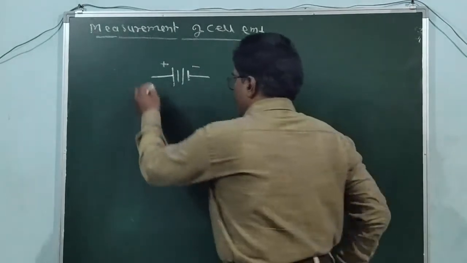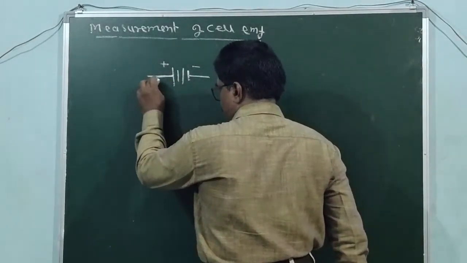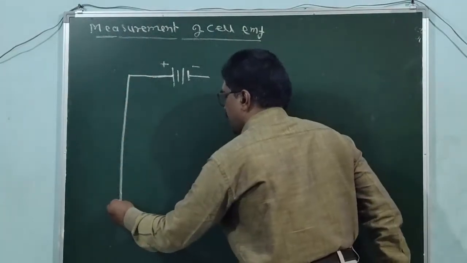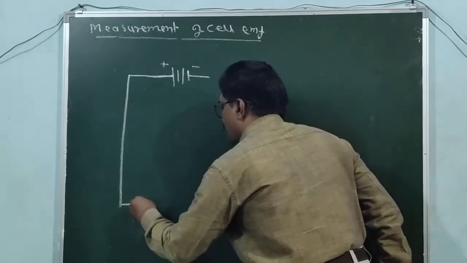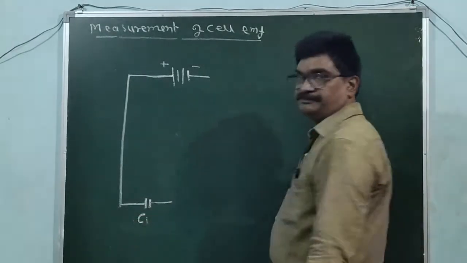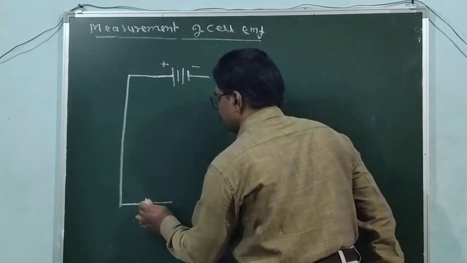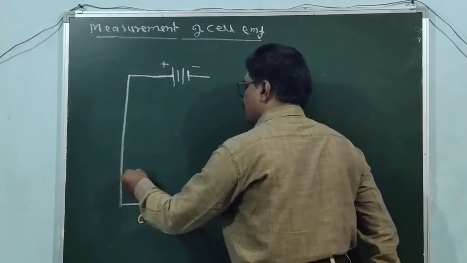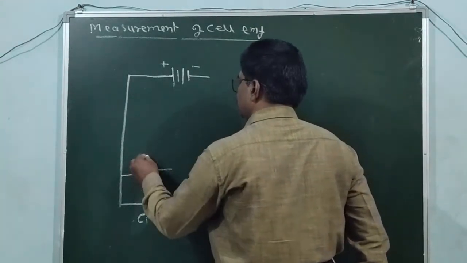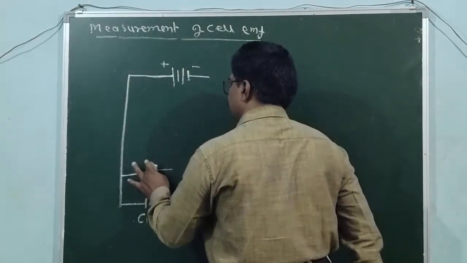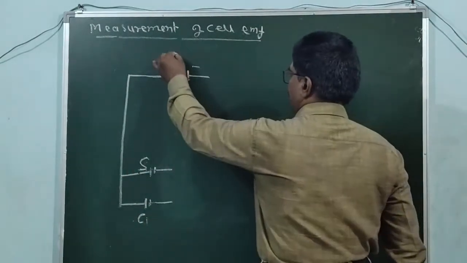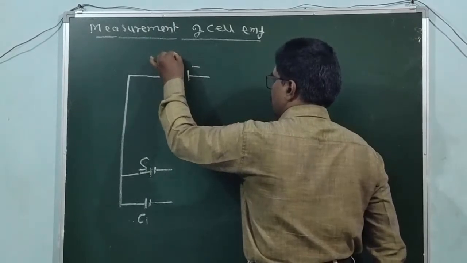Now let's see, the positive end of this cell is linked with two cells, that is cell number 1, say C1, and a standard cell, say S. And here the battery, suppose C2.